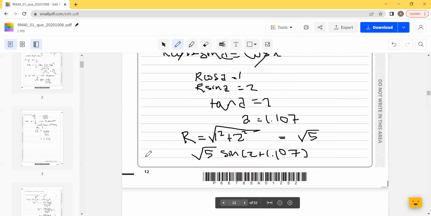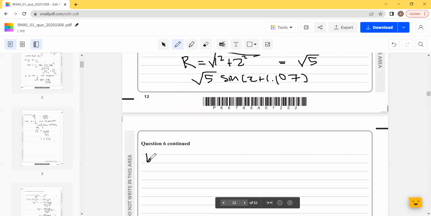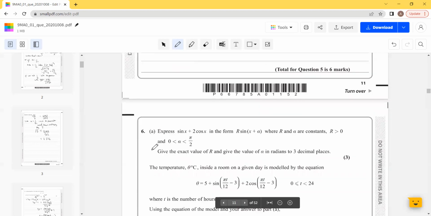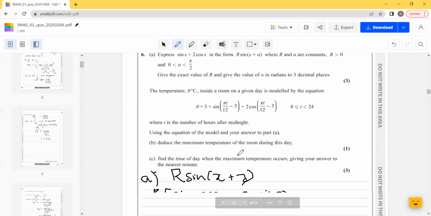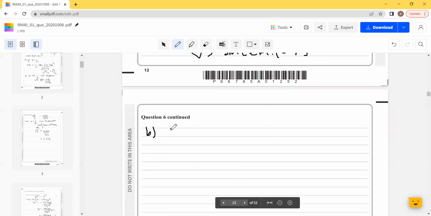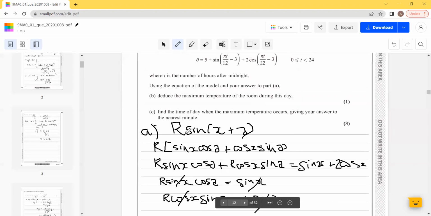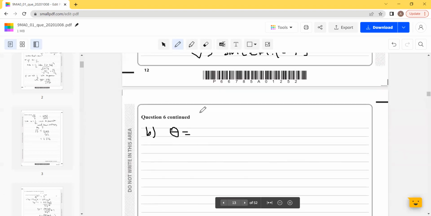6a. 6b asks us to find the maximum temperature inside the room. It says the temperature theta is modeled by this equation over here. So I can basically substitute what we know already to rewrite this model. So I have 5 plus root 5 sine.